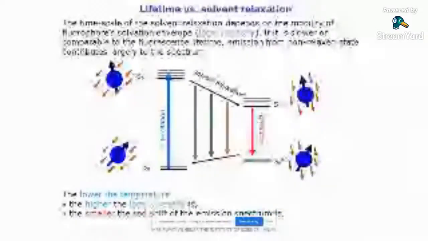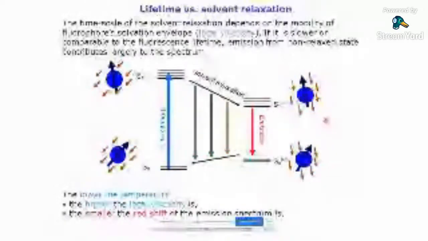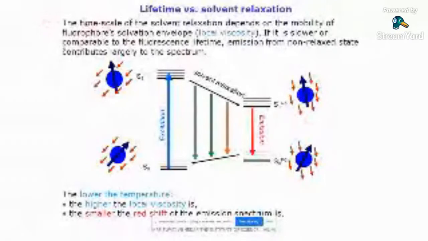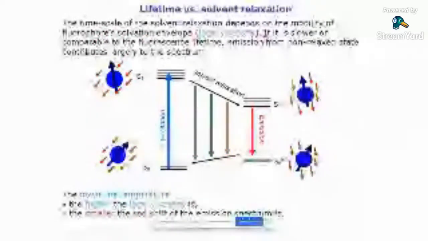Now this is the lifetime versus solvent relaxation. This is again the same thing, we will just read it out. The time scale of the solvent relaxation depends on the mobility of the fluorophore solution envelope, which is the viscosity.